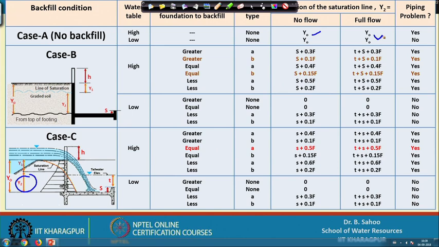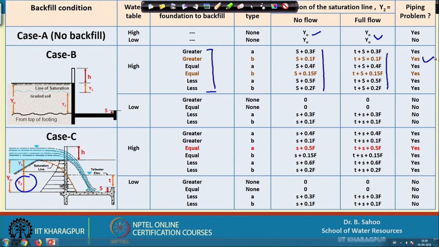And for high water table, depending on different types of foundation, relative permeability of foundation to backfill, you can estimate the value of y 2 from this figure, and here S is the depth of end seal and F is the total fall. These T, S and F values are given, and accordingly you can see whether there is a piping problem or not. If it is yes, then there is a piping problem, and if it is no, there is no piping problem.